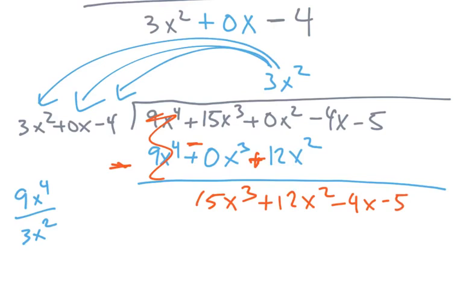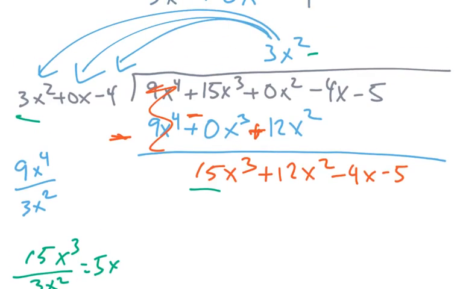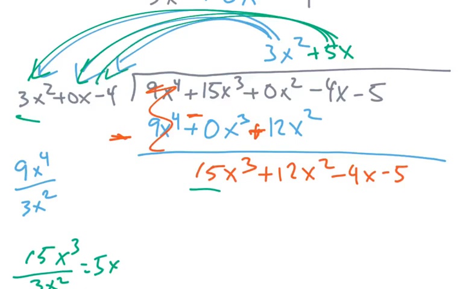Okay, so let's keep going. So now we're going to put 3x squared and 15x cubed together. So we have 15x cubed divided by 3x squared, and this is going to give me 5x. So this becomes plus 5x. Once more, we're going to distribute into everything, and this will give me 15x cubed plus 0x squared minus 20x.